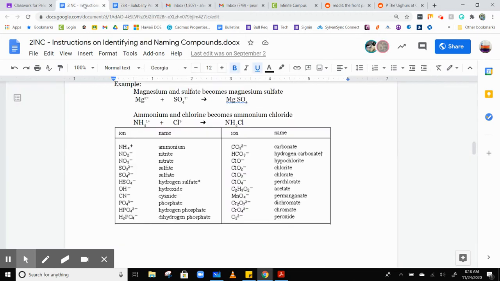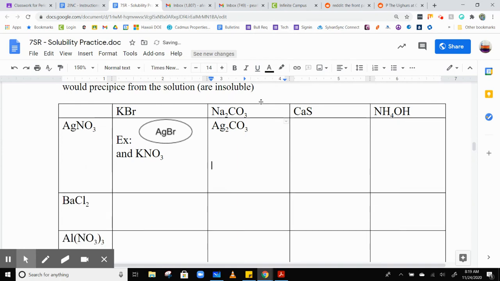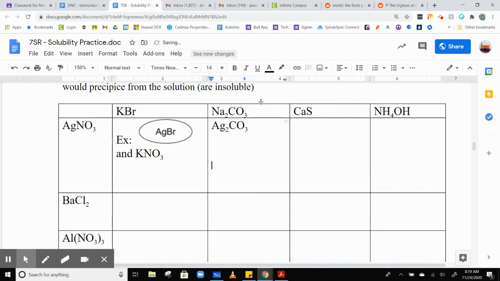Plus you can look at the chart here and you see CO3 is a 2 minus. And we always have to balance the charges. So Ag is a +1, CO3 is a -2. So 2 silvers, 1 carbonate. Okay, so we're going to have that as one product. And then the other product will be NaNO3.